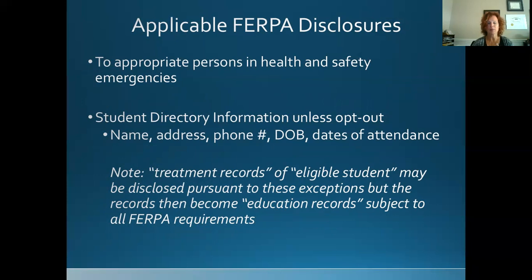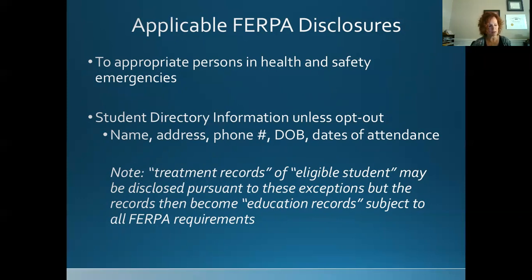Other applicable FERPA disclosures, similar to HIPAA, are disclosures to appropriate persons in health and safety emergencies. FERPA says that if there is a specific situation that presents imminent danger or requires an imminent need for information to avert a serious threat to the health or safety of the student or other individuals, disclosure can be made to a person whose knowledge of the information is necessary to protect the health and safety of that person or others.